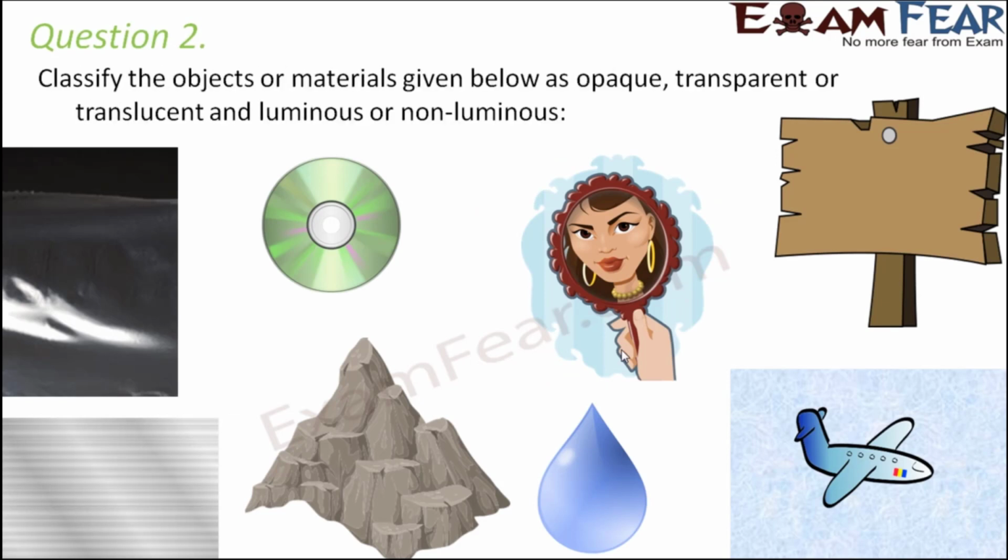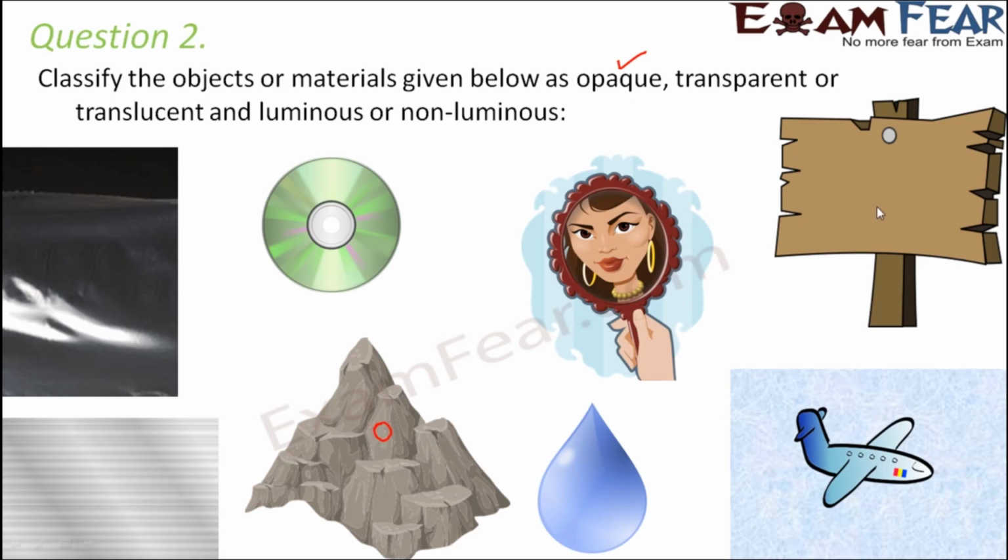Question number 2. Classify the objects or materials given below as opaque, transparent or translucent, and luminous or non-luminous. So what is opaque? That object which doesn't allow light to pass through it. So looking at this picture, which object do you think would be opaque? The rock pieces, yes, it would be opaque. It doesn't allow light to pass through it.